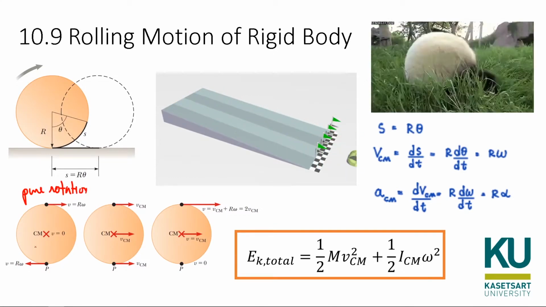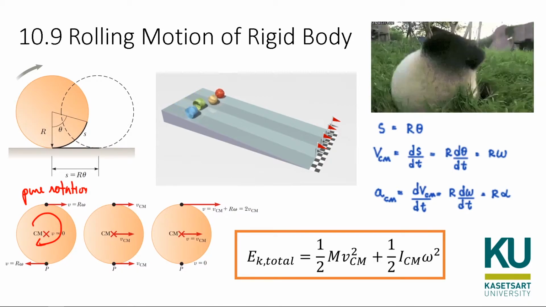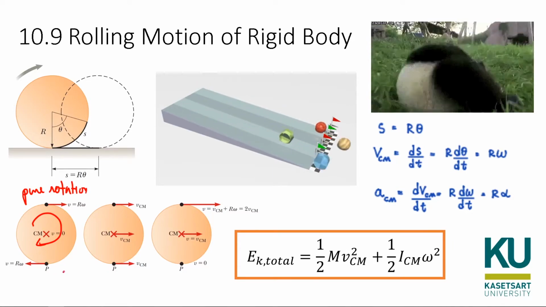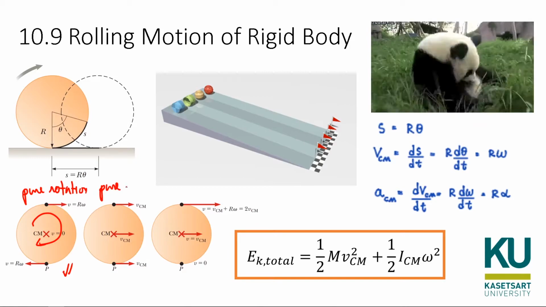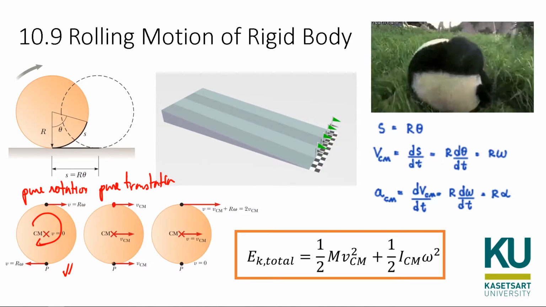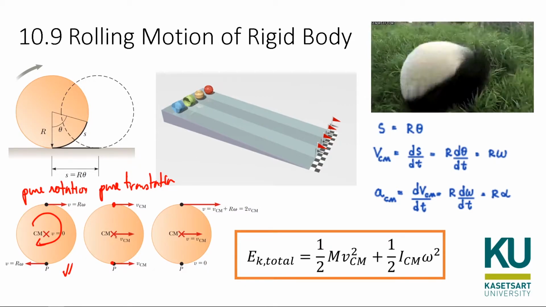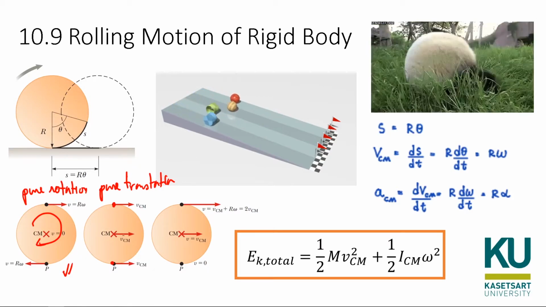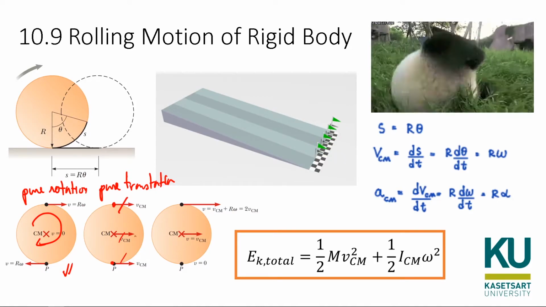The object only rotates like a wheel, not moving forward, so the velocity of the center of mass is equal to 0 in this case. However, if it's pure translation, the top point, the bottom point of the sphere and the center of mass, all three of them have the same center of mass velocity.